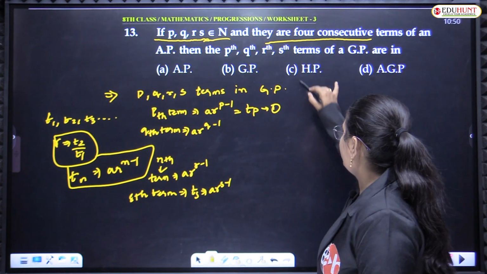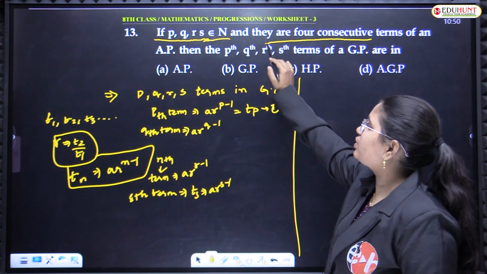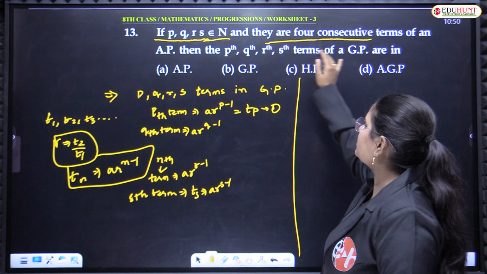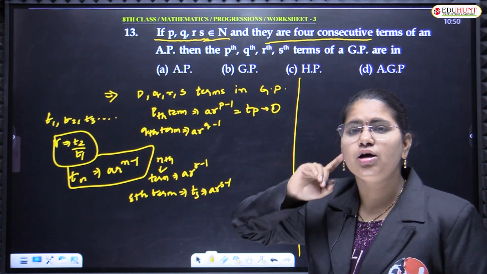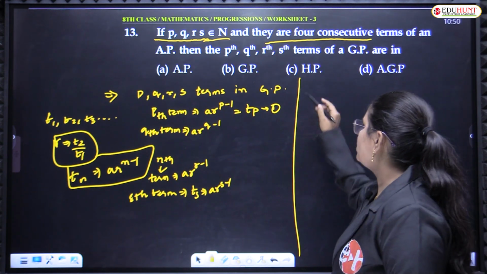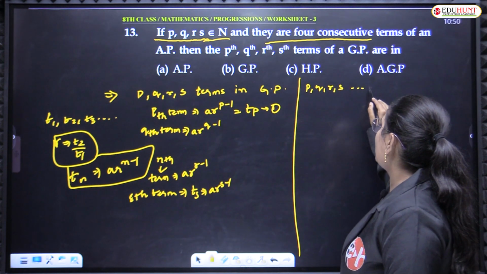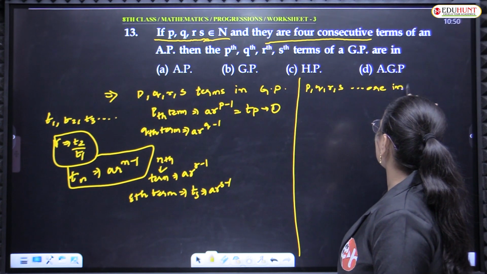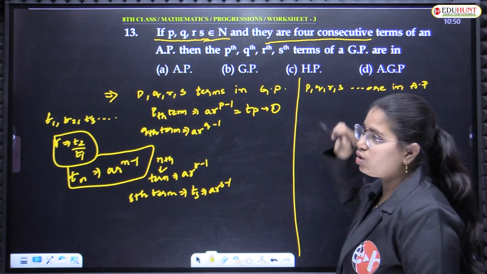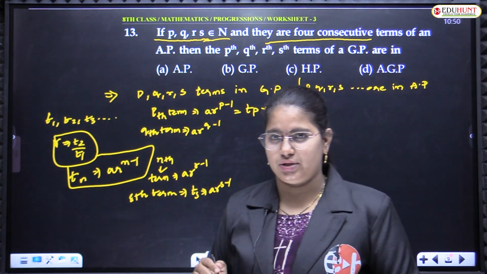Along with this, they also gave that P, Q, R, S are consecutive terms. So we can write P, Q, R, S are the consecutive terms which are in AP. This is also information given in the question.